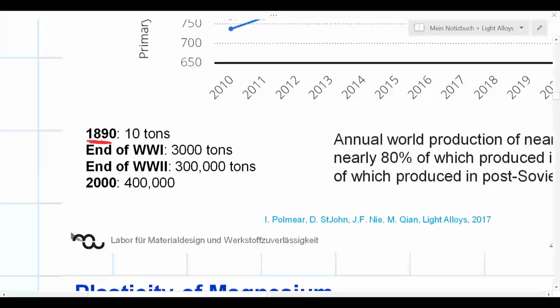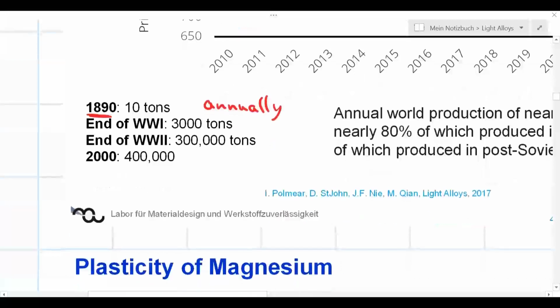Towards the end of 19th century, there were almost 10 tons of magnesium produced annually, right? So these are annual numbers, which are very small quantities, right, compared to the productions nowadays. Towards the end of the First World War, there were almost 3,000 tons of magnesium produced annually.